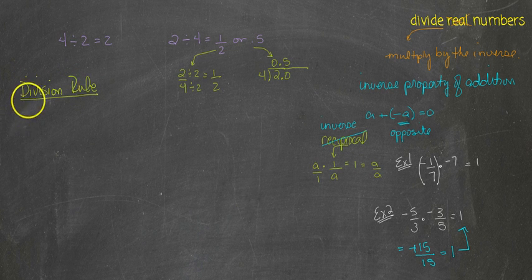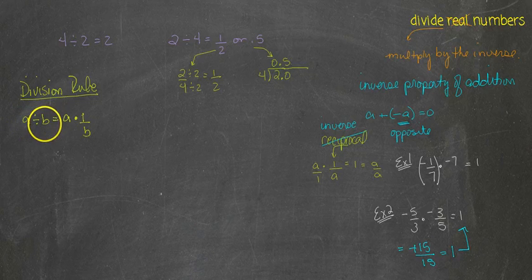And the division rule says that for a number a divided by b, that is the same thing as the number a times the reciprocal of b. The division rule just says to divide one number by another, you convert it to multiplication and multiply by the reciprocal of the second number.